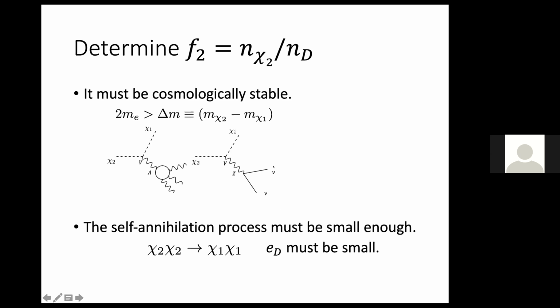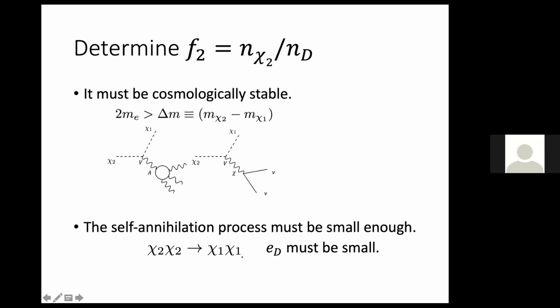But being cosmologically stable is actually not enough for us to have enough chi2 to do the direct detection. So there's also a process where the 2 chi2s can collide with each other in the early universe and produce two chi-1s. Okay, and we know that if the temperature is smaller than the mass gap, then the inverse process cannot happen, right?